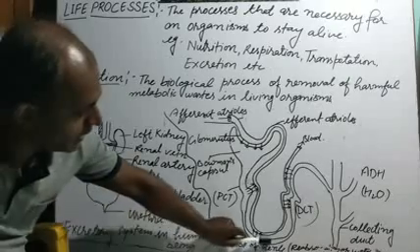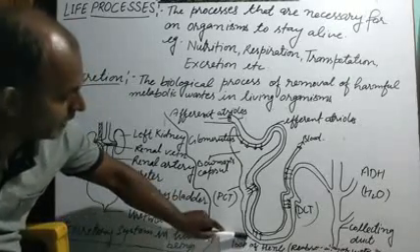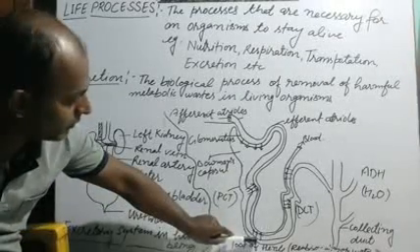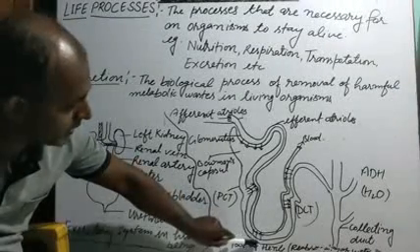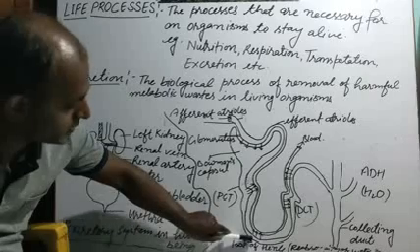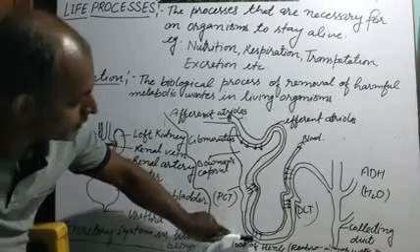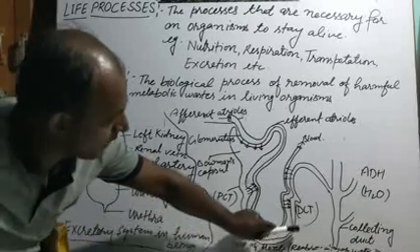This is the Henle loop, or loop of Henle. At this portion there is reabsorption of water. Again you can see the arrow mark. There is reabsorption of water and the urine passes to this place.